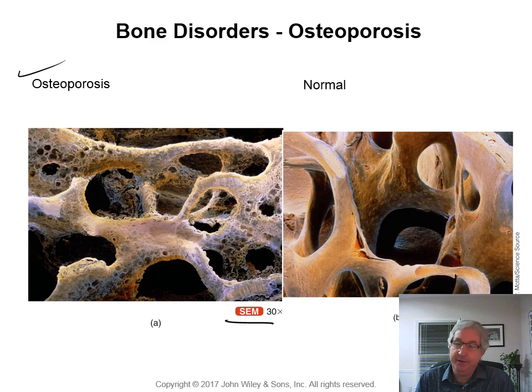If you don't have calcium, then the only thing going on is osteoclasts taking calcium out of your bones. Also, in women especially, it happens in men too, but in women, estrogen has an effect to inhibit osteoclast activity. So as you're going along through life, women do pretty good.